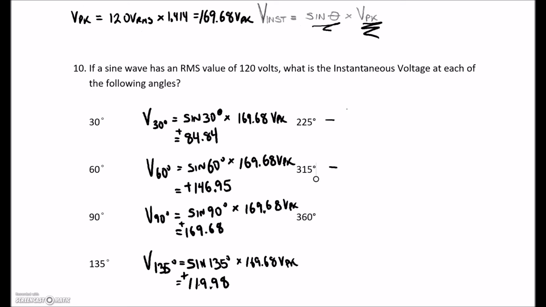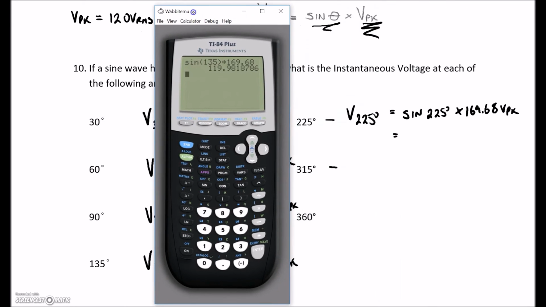Okay, so here our voltage at 225 degrees is again equal to the sine of that angle, so 225 degrees, and then we're going to multiply by our 169.68. That's the radius of that circle. That is never changing. That's our constant. And so sine of 225 multiplied by 169.68.